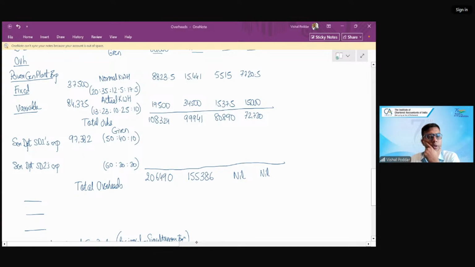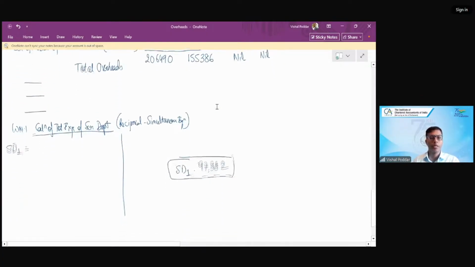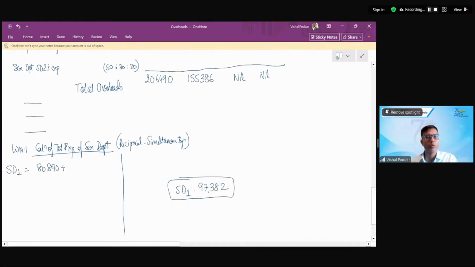Harsh says SD1 is 89961. In short, you all want me to solve it. What is the own cost of SD1? 80,890 plus how much it is receiving from SD2?